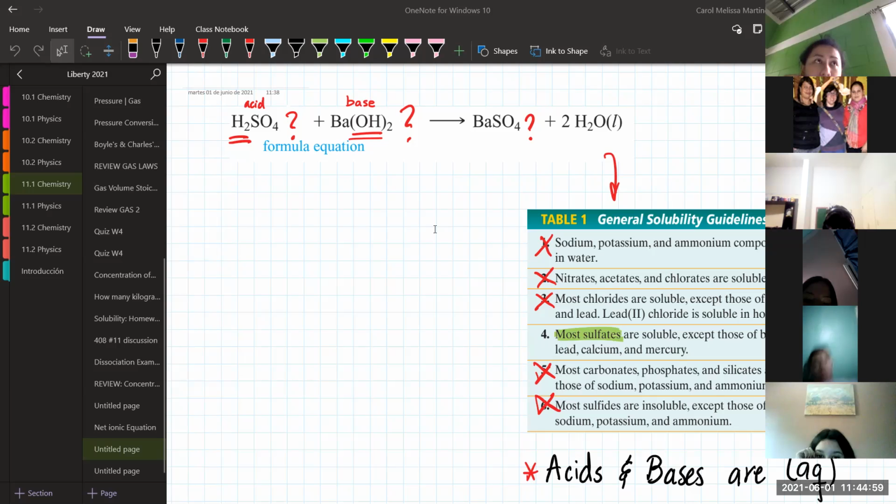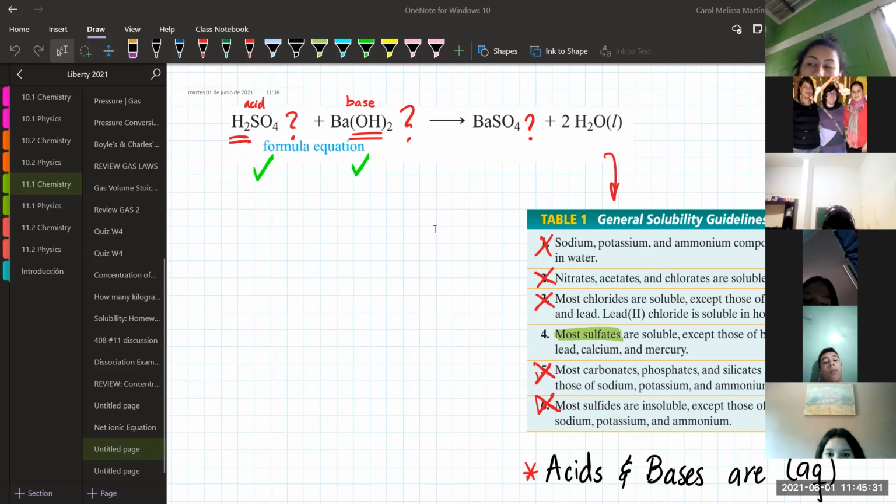Acids and bases both are prepared with water, which means that the physical state will always be aqueous solution. And remember the rule, if it's aqueous, it means that you can do dissociation. So, I will be doing dissociation for the acid, for the base, but I still don't know about this compound right there. Barium sulfate.